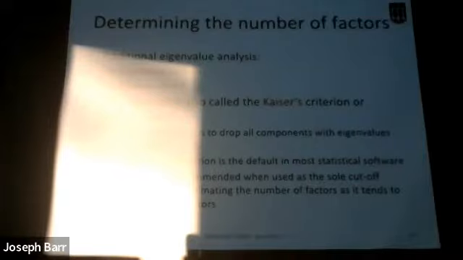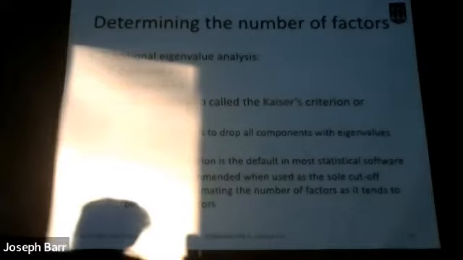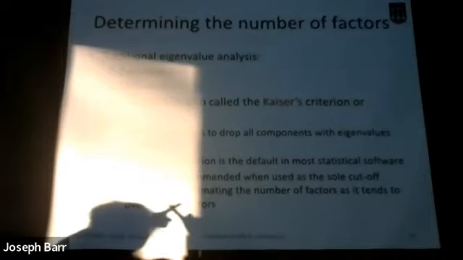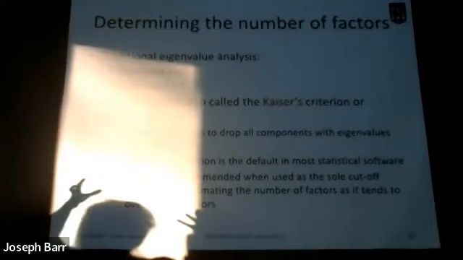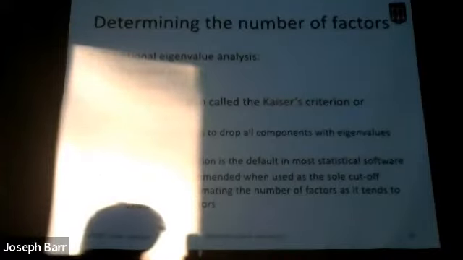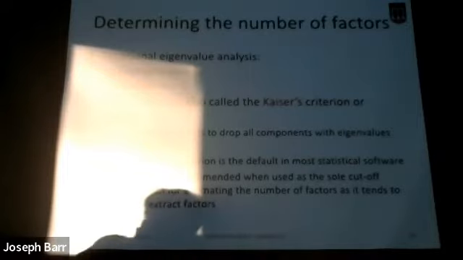Let's look at the first approach, using the traditional eigen decomposition analysis. First step, you're going to do eigenvalue analysis based on their correlation matrix, sometimes their covariance matrix. The correlation matrix is the most popular one.